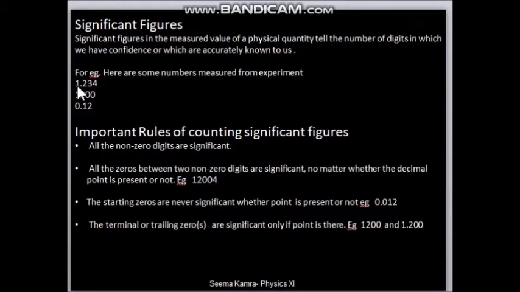So here the significant digits are 1, 2, 3 and 4. So 4 significant digits are there. About the 5th digit, we don't have any idea. So significant figures or digits are 4 in this number.